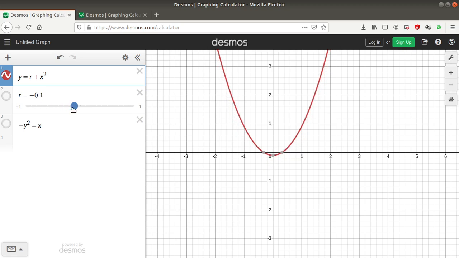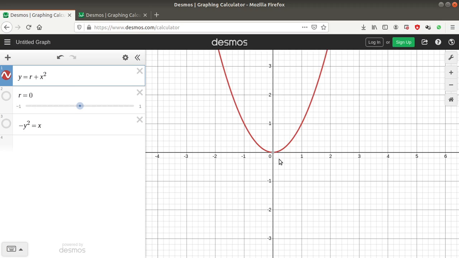Okay, now I'm further increasing the r value, and when r reaches 0, see, these two fixed points collide with each other and form a single fixed point. Now tell me what kind of fixed point this is.